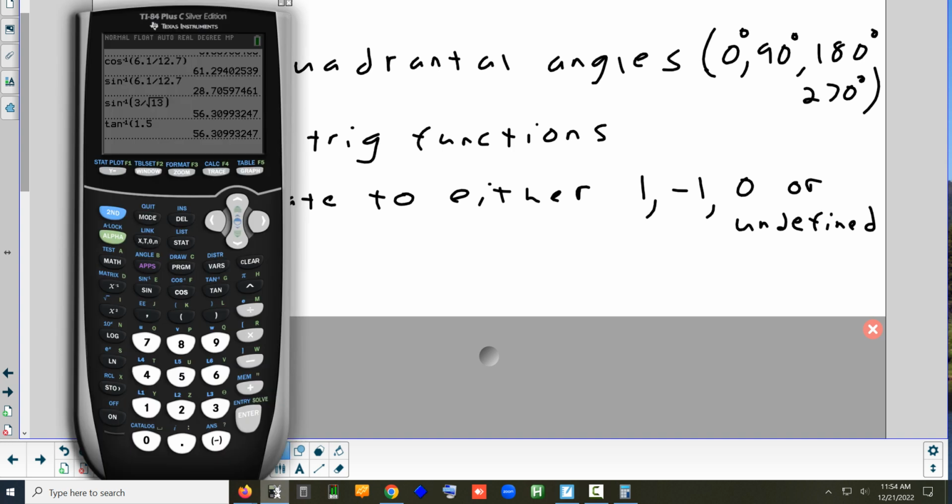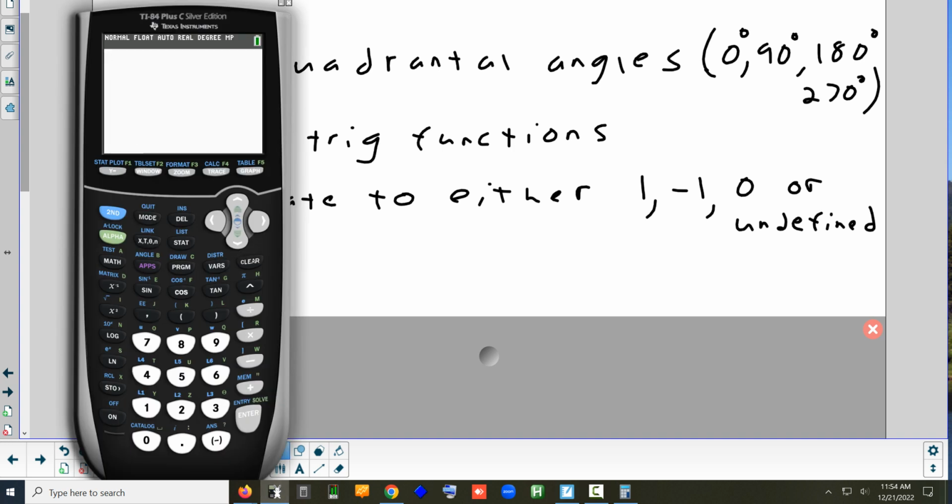All right, now I'll show you one last thing on the calculator. Let me take the sine of 30, and I get that. Now let me take the sine of 150, and I get that.